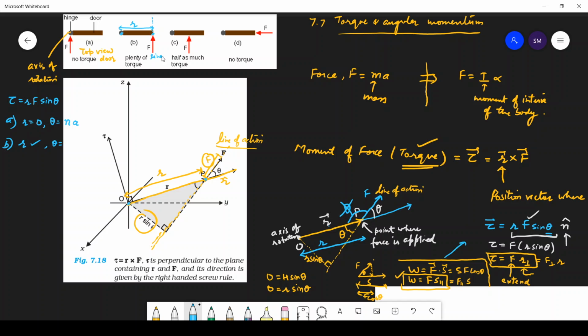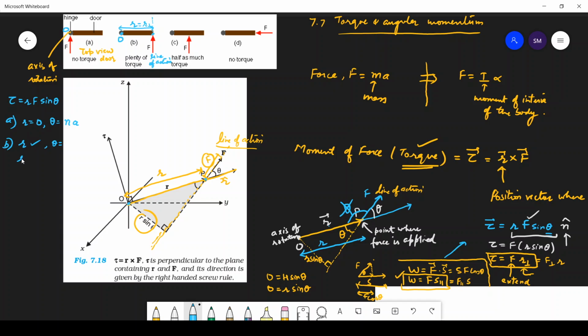So that's your line of action, and this is your point of origin, the axis of rotation. So the perpendicular distance here is already the perpendicular distance. So here R and R perpendicular are the same.